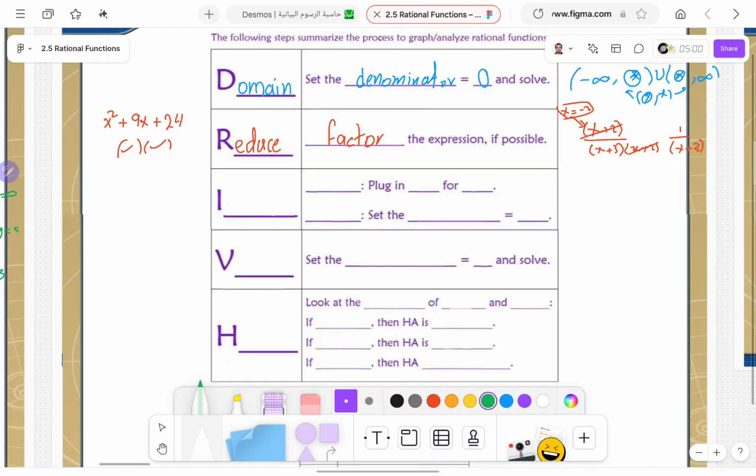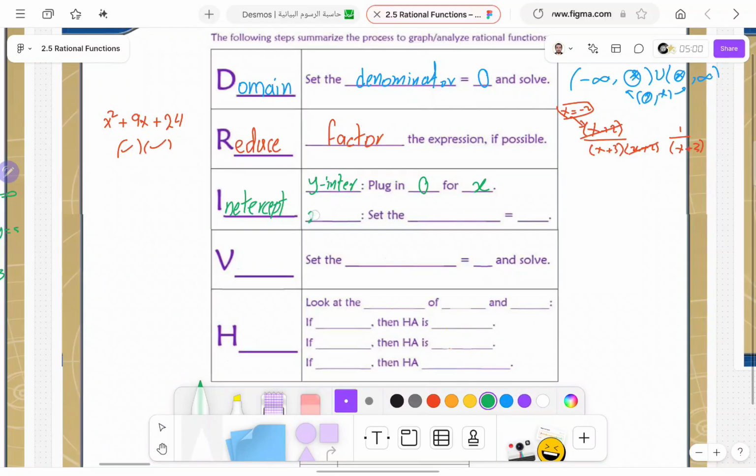The third step is I, which stands for intercept: the y-intercept and the x-intercept. To find the y-intercept, plug in 0 for every x, then you can find the y-intercept.